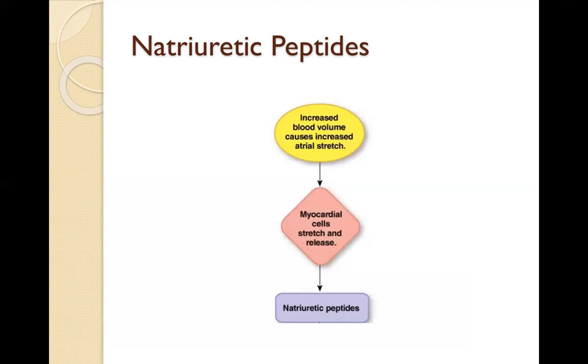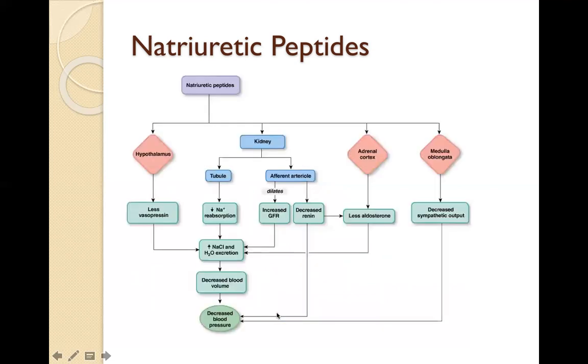If there's an increased blood volume, this will cause increased atrial stretch. The myocardial cells within the atria will release natriuretic peptides. And these natriuretic peptides have a multitude of effects. Number one, they will act on the hypothalamus.